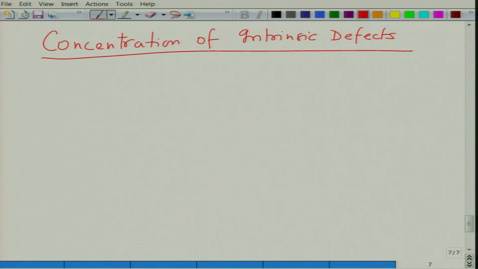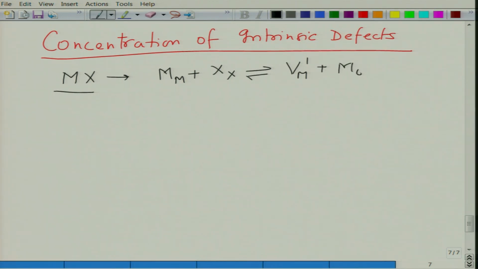So, let us consider a Frenkel defect. Let us say we consider a halide MX, and the reaction can be written as M_M plus X_X gives V_M plus M_i, and X remains at the X site.